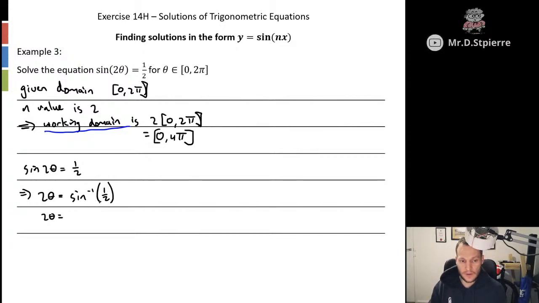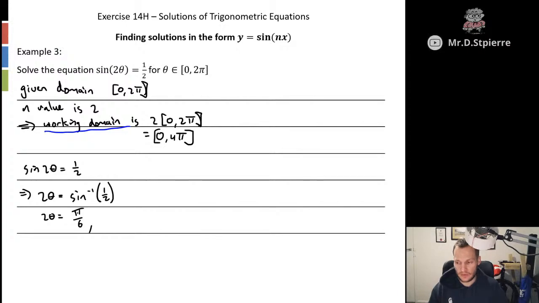So when is my vertical component half? That will be 30 degrees, which is pi on 6. So pi on 6 works.